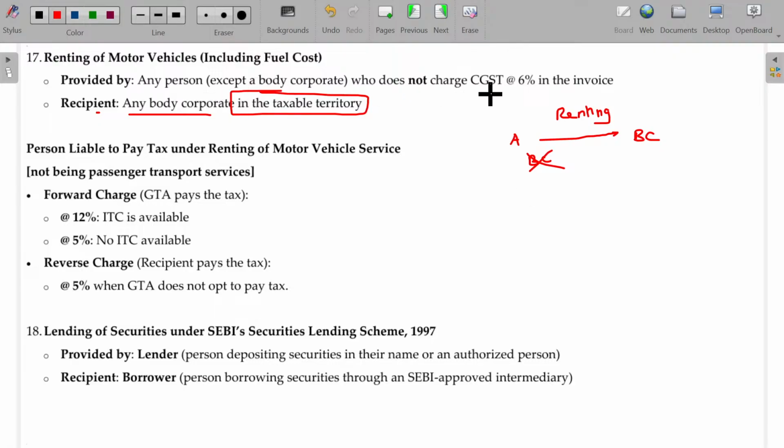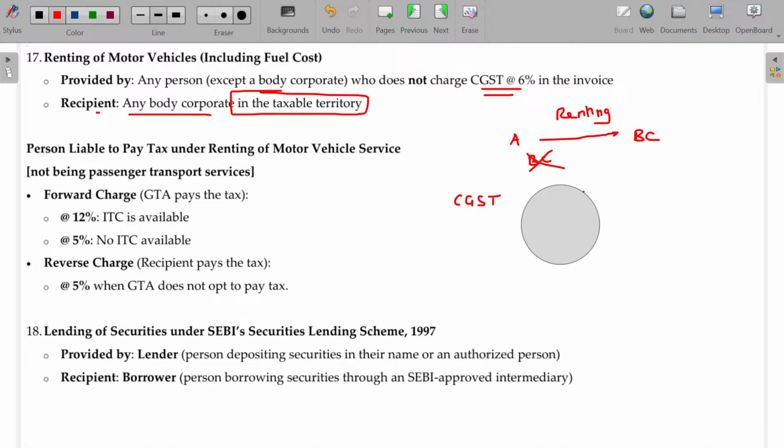Any person who does not charge CGST at the rate of 6% in the invoice. Okay. So what about the CGST here? CGST here is less than 6% or 6%.